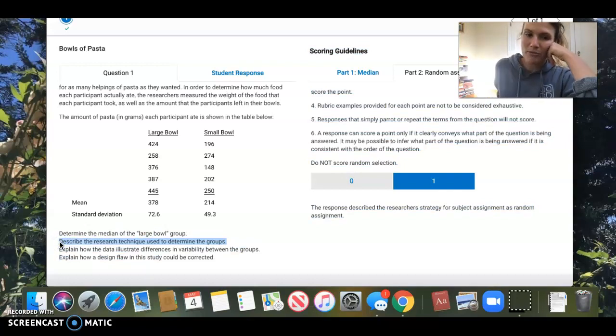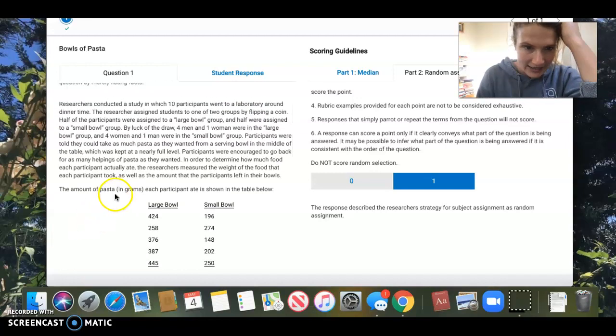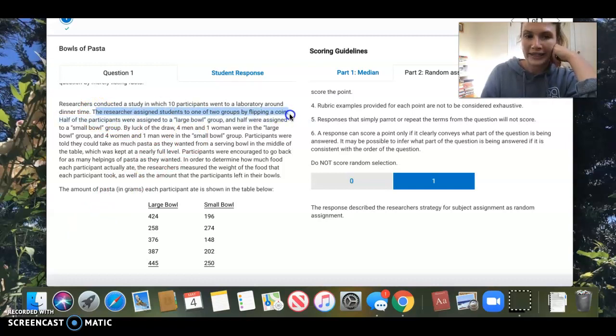This was probably the most common mistake. The research technique used to determine the groups, you can see in the question, is that the researcher assigned students to one of the two groups by flipping a coin.